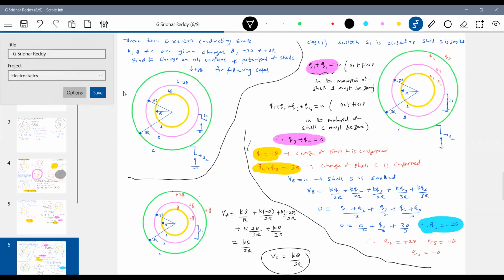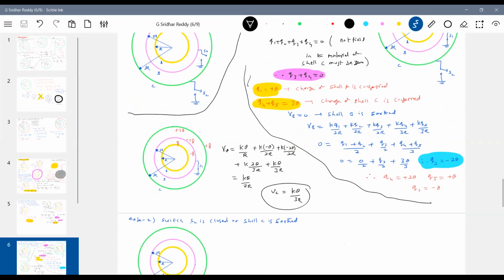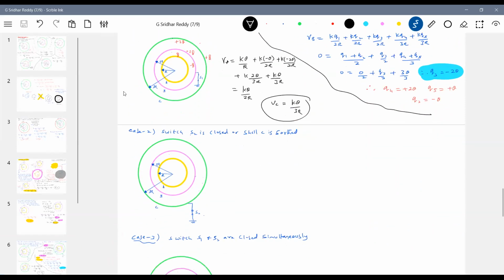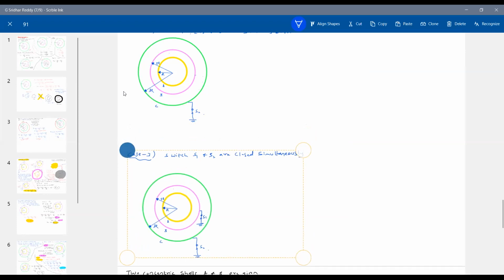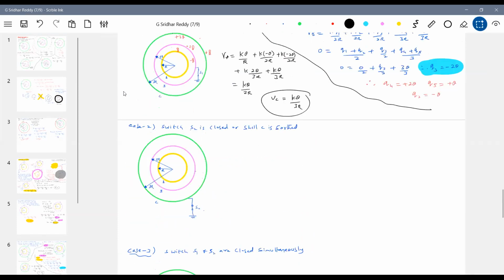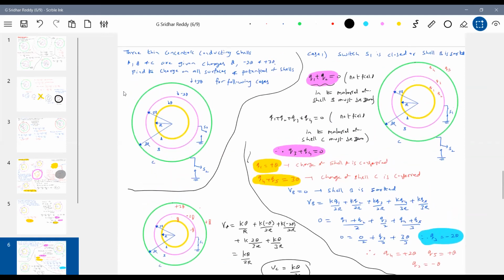If shell C is earthed, I'll scroll down. Switch S2 is closed, or shell C is earthed. Next, again, putting both the shells earthed. Okay, again the method is the same.